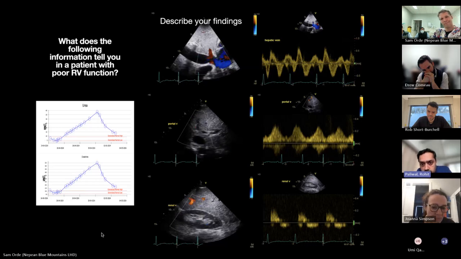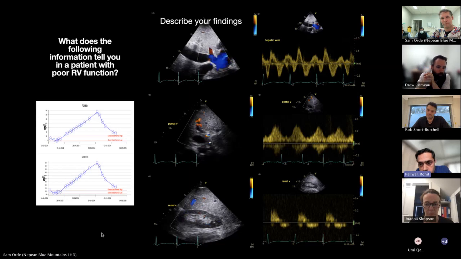Looking at the Doppler profile, I can't really see where the pulse wave Doppler is, but I'm assuming it's in the hepatic vein. Okay, so what we're seeing here is systolic flow reversal of the hepatic venous Doppler profile.